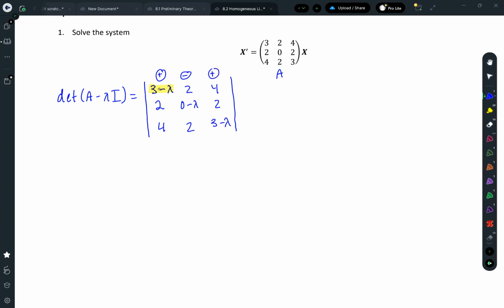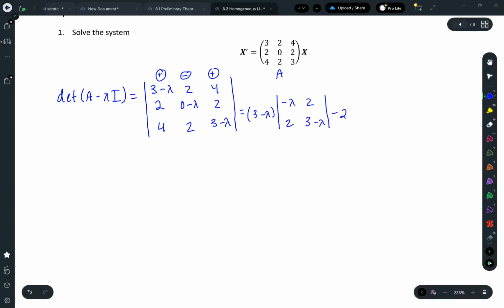Okay. So this is equal to 3 minus lambda in quantity times the 2 by 2 matrix that gets left behind when you delete the row and column that 3 minus lambda is in. So that has a minus lambda, a 2, and a 3 minus lambda. Minus 2. So I'm moving on to the second column now.